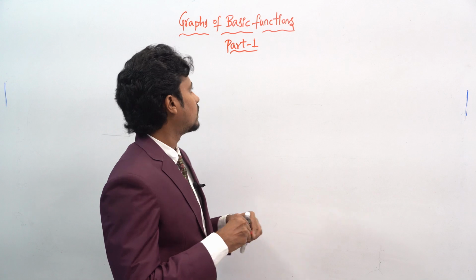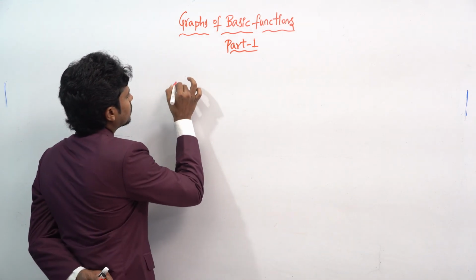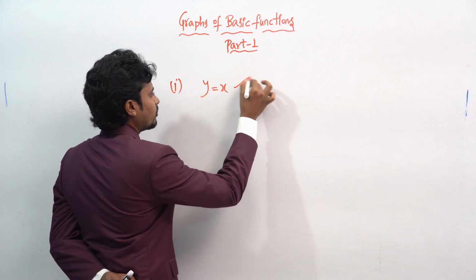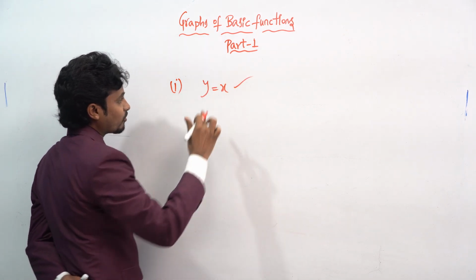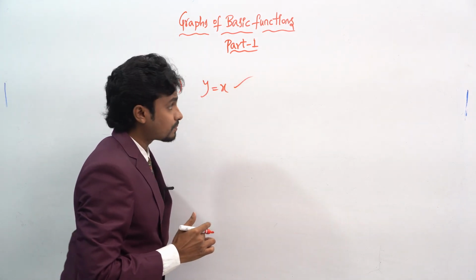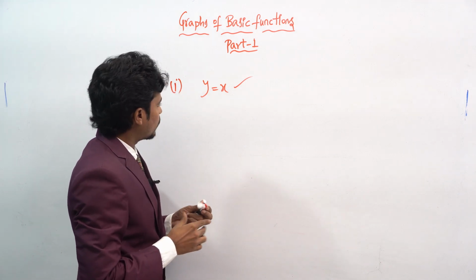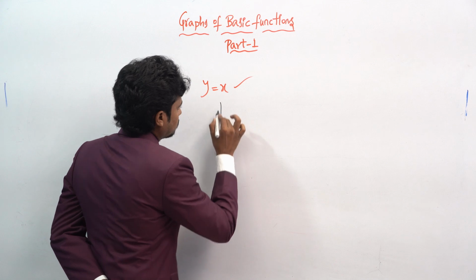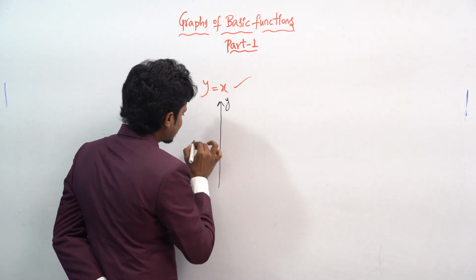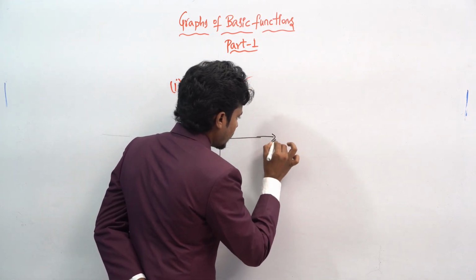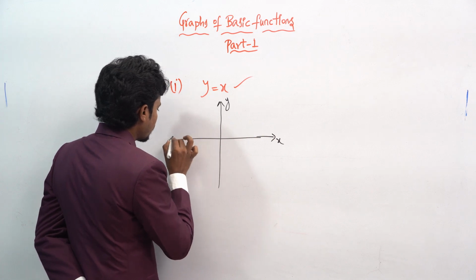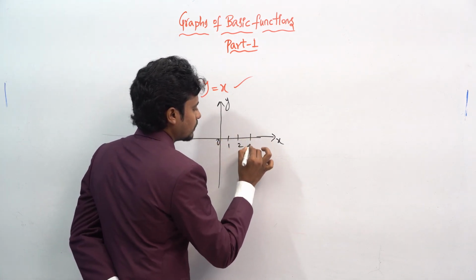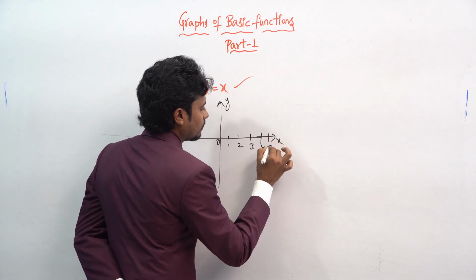First plot, for example, if you take y is equal to x, how can you draw the graph for y is equal to x? For this case you have to take, so this will be the y axis and this will be the x axis, and here this will be 0 1 2 3 4 5.